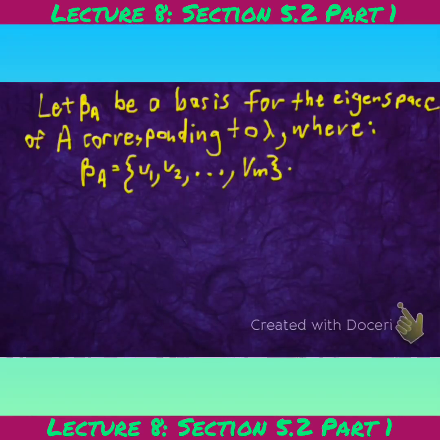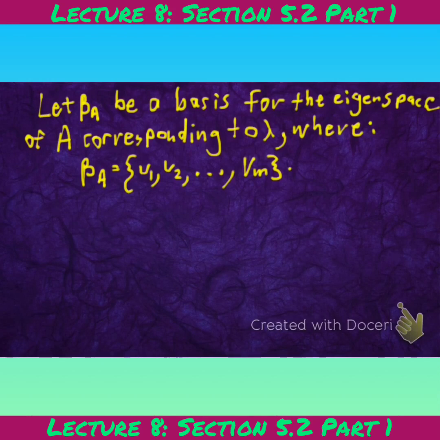But to see that, again, it's very similar to the other proof we did for the rank and the nullity. So if you take a basis for the eigenspace of A corresponding to lambda, again, these vectors are linearly independent and they span the eigenspace. We're going to just quickly construct a basis for the eigenspace of B corresponding to lambda.